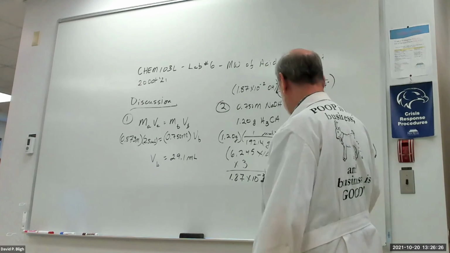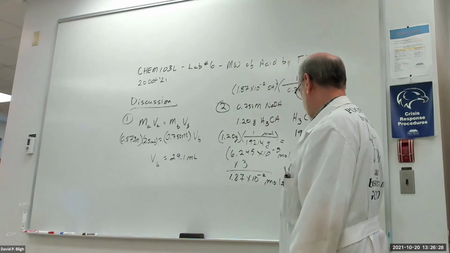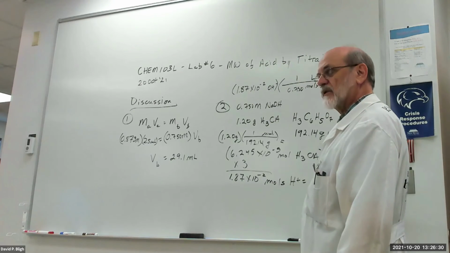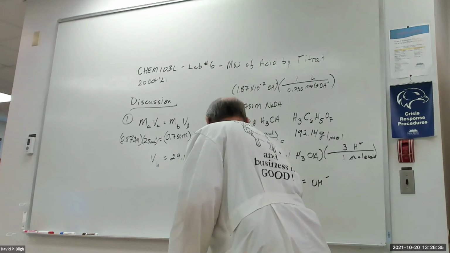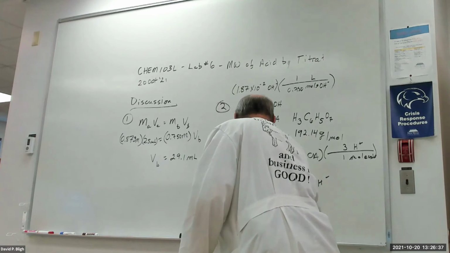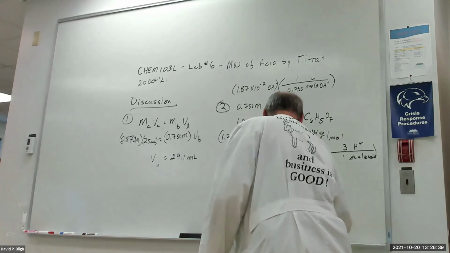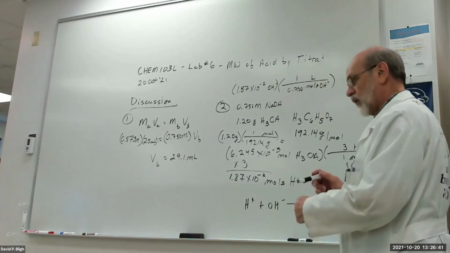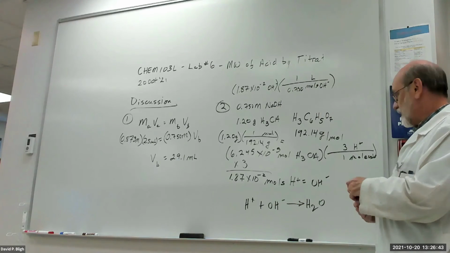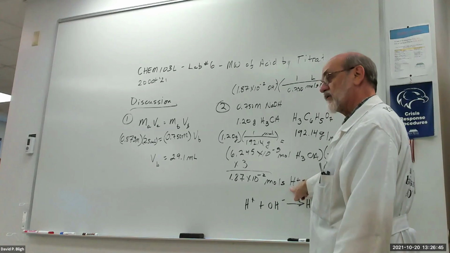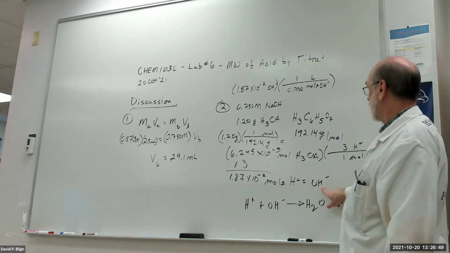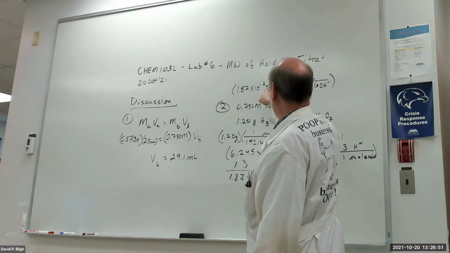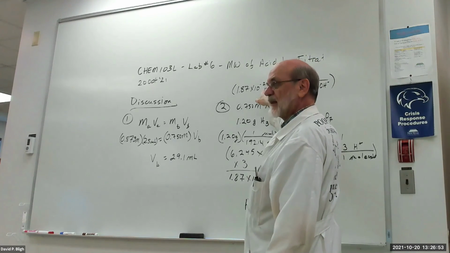And then the number of protons has to be equal to the number of hydroxyls, right? Because of this equation, the net equation for an acid-base reaction. 1 to 1. So if we know the number of hydrogen ions, we know the number of hydroxyls required. So now that we know the number of hydroxyls required, we find out how many milliliters that is.